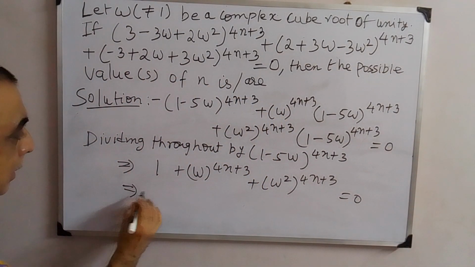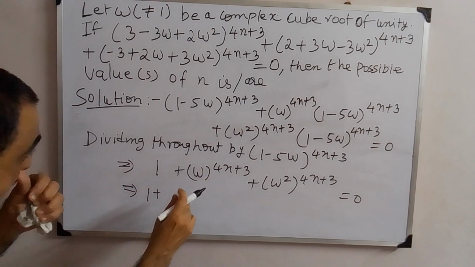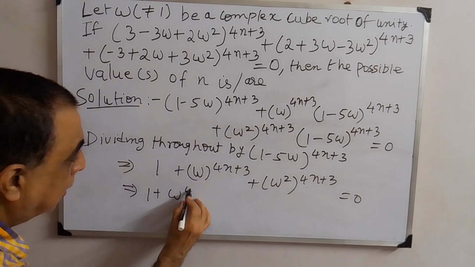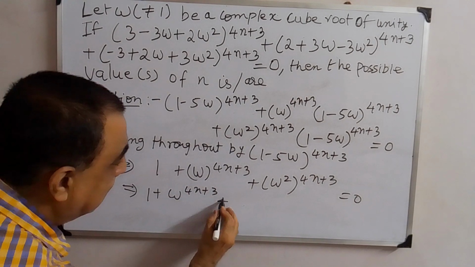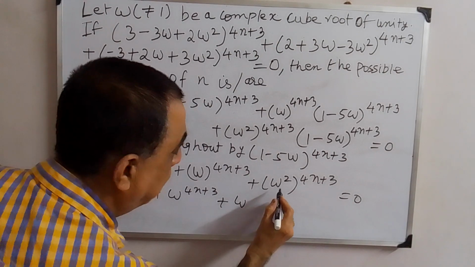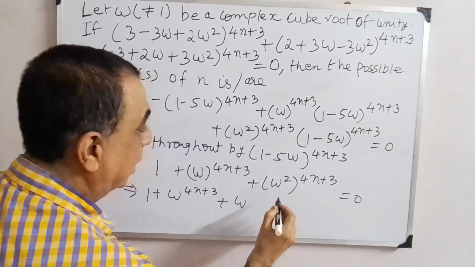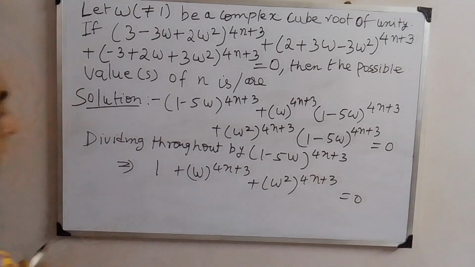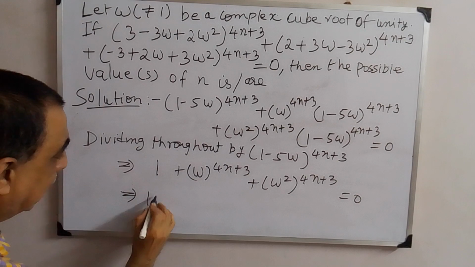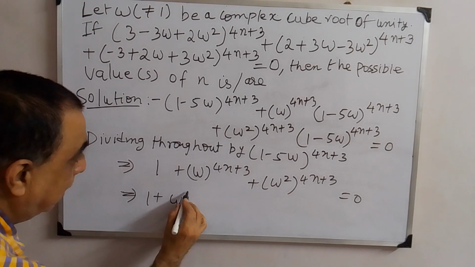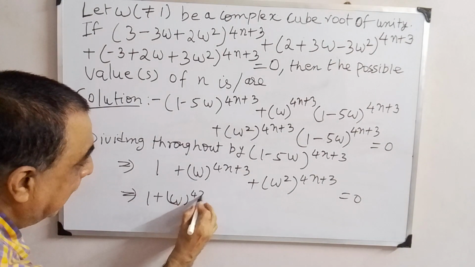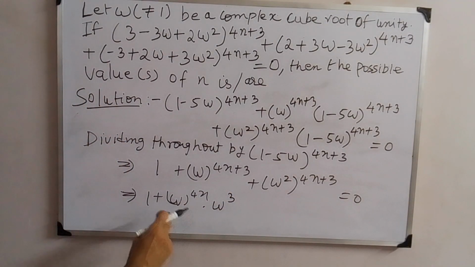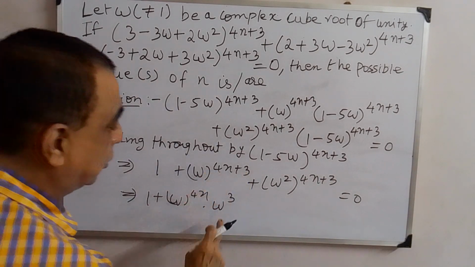Now here powers are multiplied, so the power is 1, so 1 into this will be omega to the power 4n plus 3. No, don't do it like this. See what you will do. Here I am writing 1 plus omega to the power 4n into omega to the power 3, because when the bases are the same, powers are added.